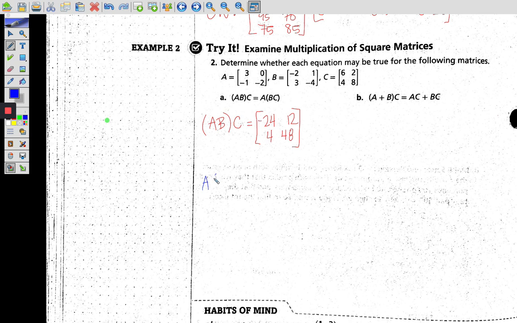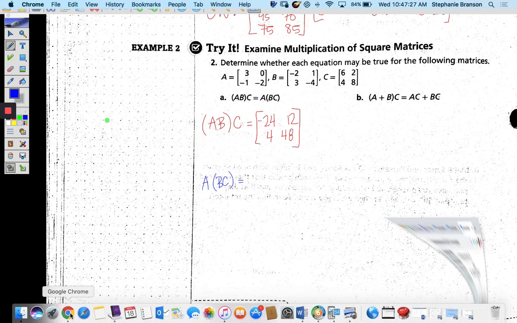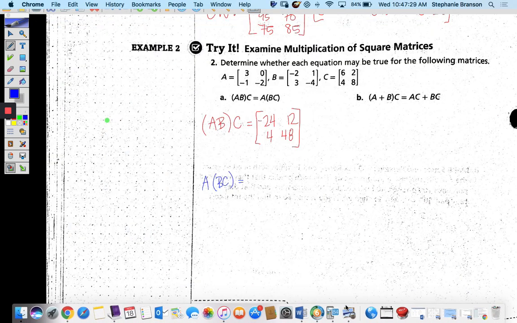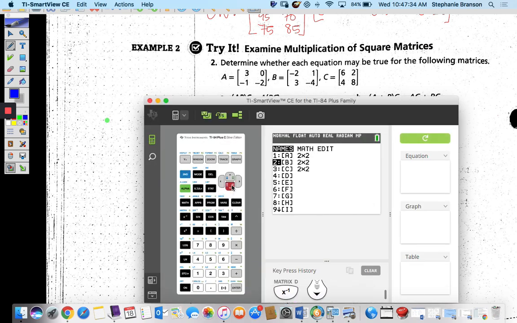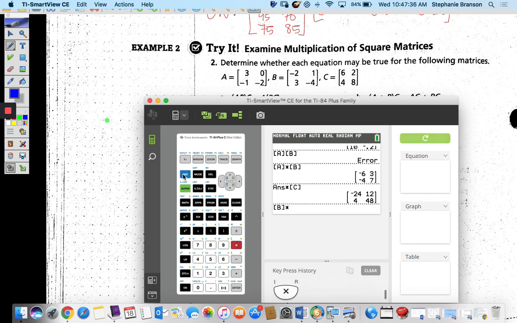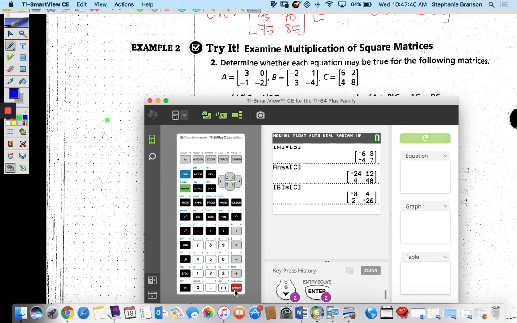Now we're going to multiply B times C first, and then multiply it by A. So B times C, and then we're going to multiply A times our answer.